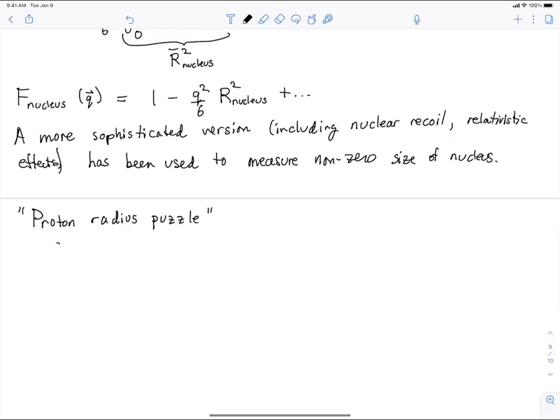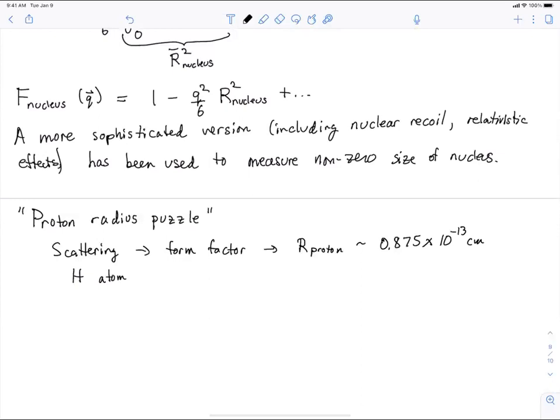Okay, so if you do the scattering method that we've been talking about to get the form factor and then interpret the form factor in terms of a radius, you get the radius of a proton to be something like 0.875 times 10 to the minus 13 centimeters. And if you do hydrogen atom spectroscopy, you get something similar.